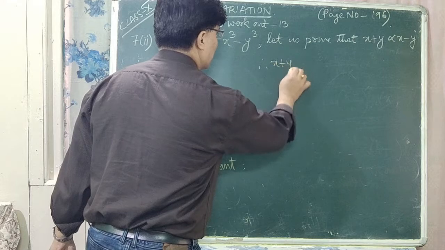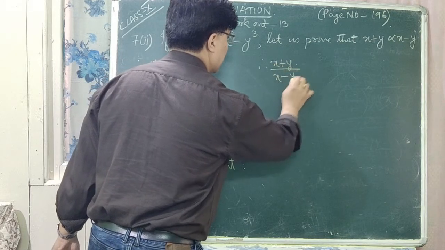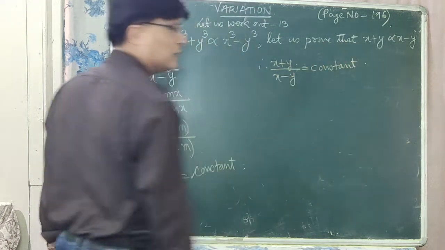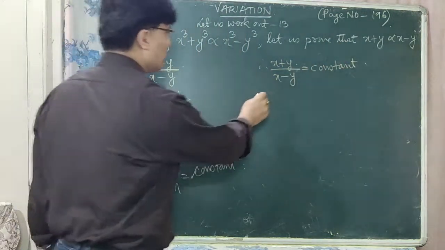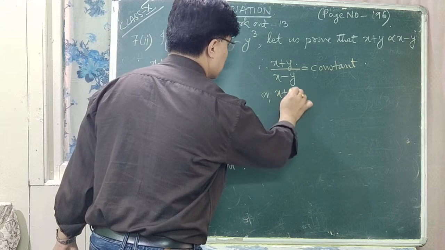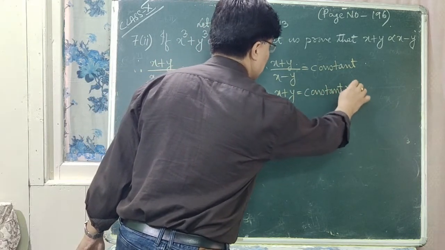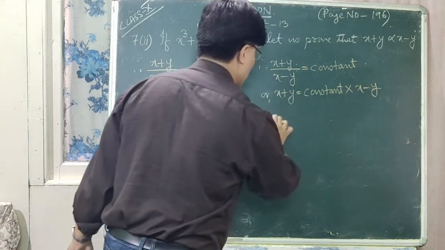Therefore, x plus y upon x minus y is equal to constant, right? So let us do the cross multiplication, or x plus y is equal to constant into x minus y.